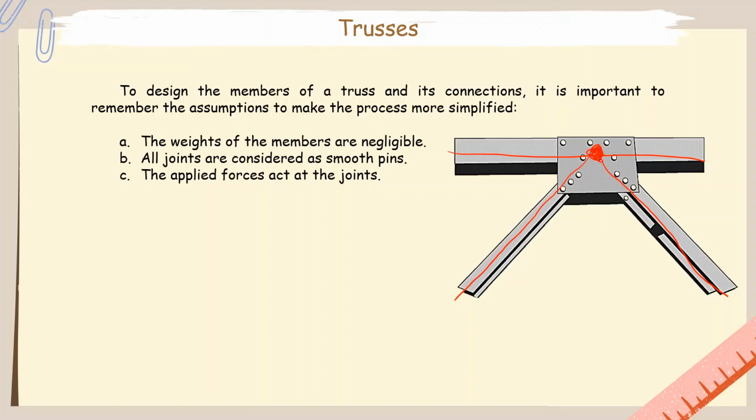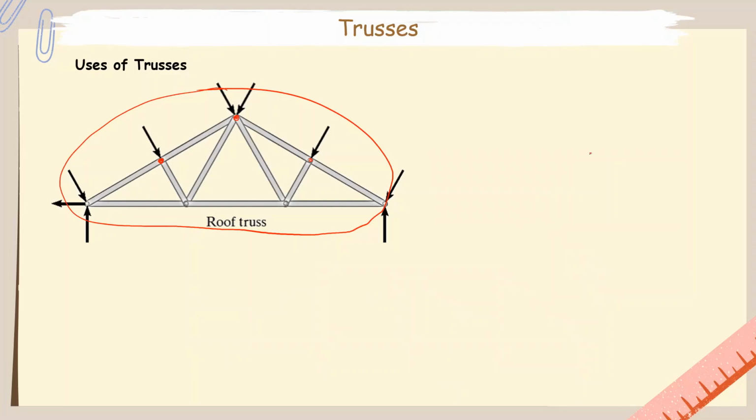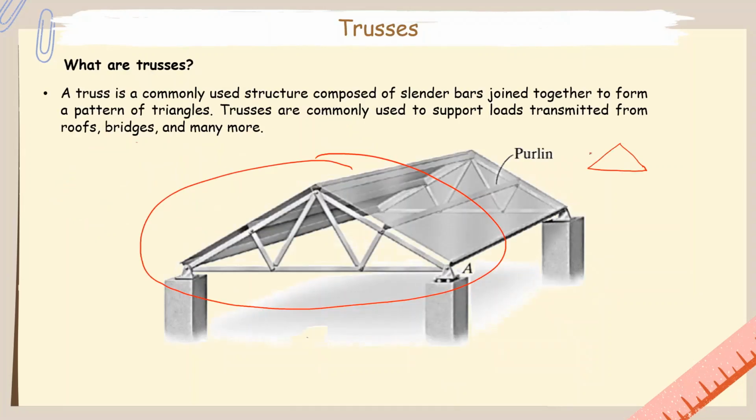And then the third consideration, the applied forces act at joints. So, ito, for example, di ba, nakita natin na ang roofing truss, sinusuportahan niya yung roofing materials. So, you would probably think na dito yung mga loads, diba, na-apply.